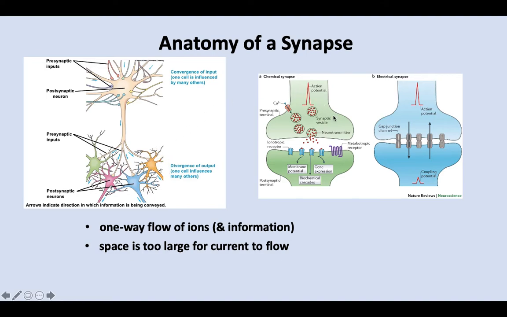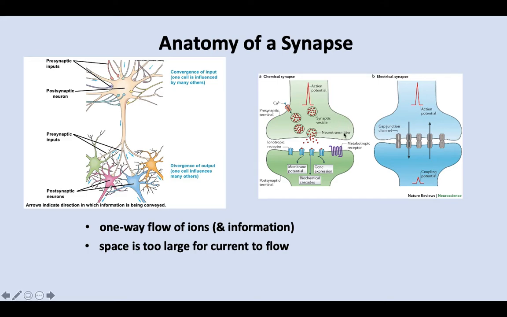And if we look at the space in between two neurons, there are two ways that they can be either joined or not joined. On the right, they have cell adhesion molecules that are kind of tethering and anchoring the two cells together.